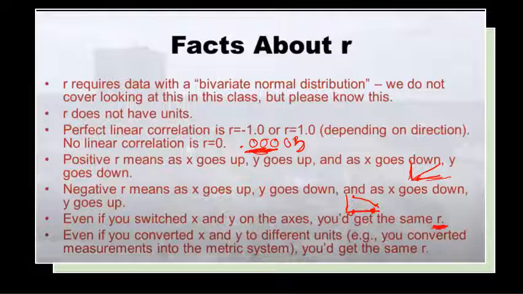Also, even if you converted X and Y to different units, like if you were working in inches in America and then went to the UK and needed to convert your study to the metric system, you would still get the exact same R.